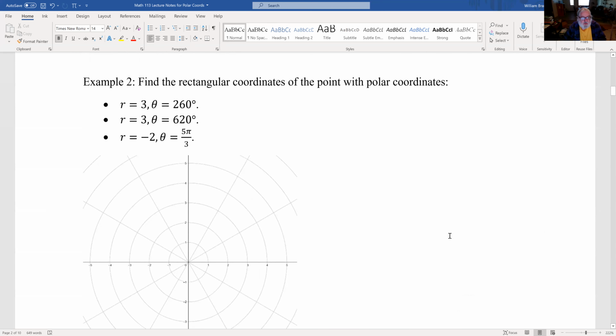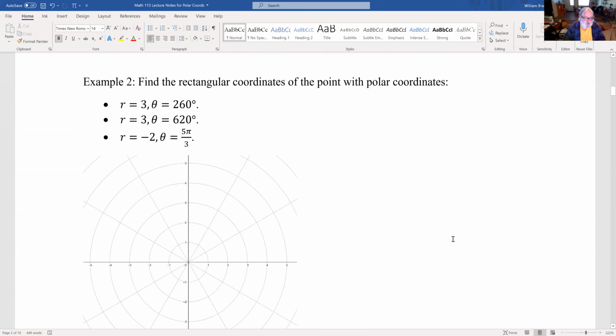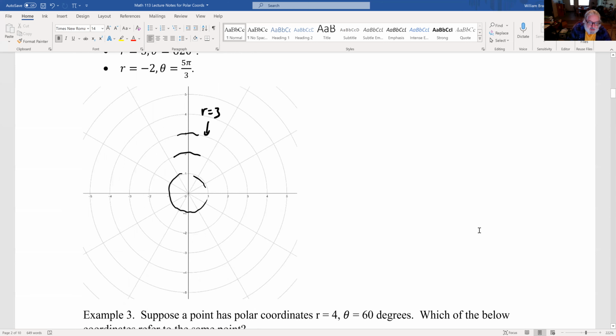What are the rectangular coordinates of the point with these polar coordinates? So r equals 3, theta equals 260. Where is that point? Well, we're looking at the polar grid, right? This circle is 1 unit away from the origin. This circle is 2 units. This circle is 3 units. So r equals 3 means we're somewhere on this circle. And we're at an angle of 260 degrees from the positive x-axis.